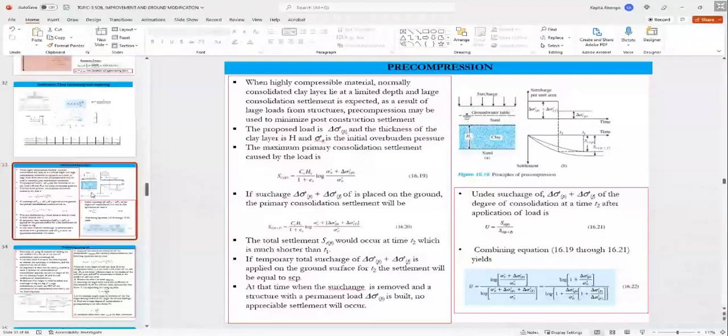What do you think would be the main problem or characteristic of fibrous soil? Anybody willing to give it a shot? I see a couple of guys.